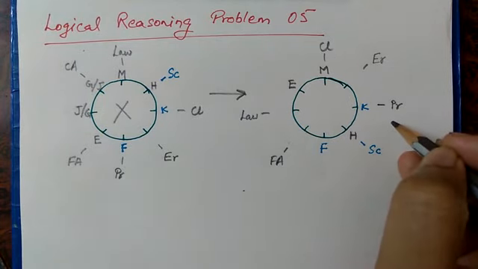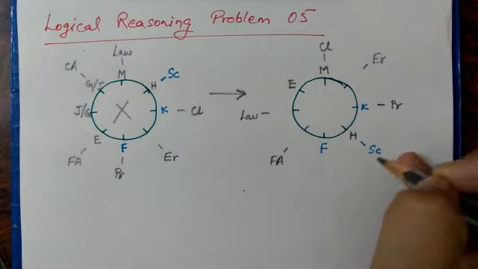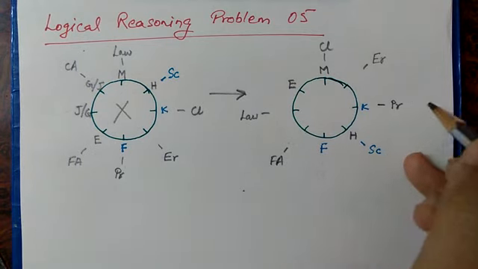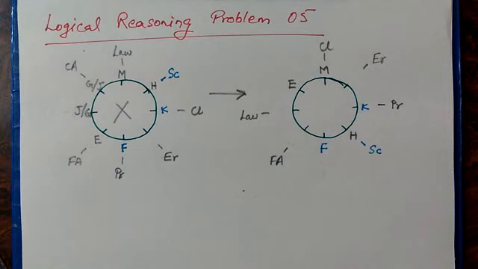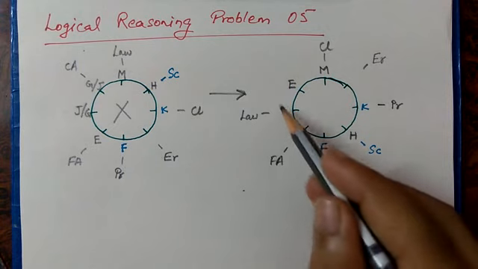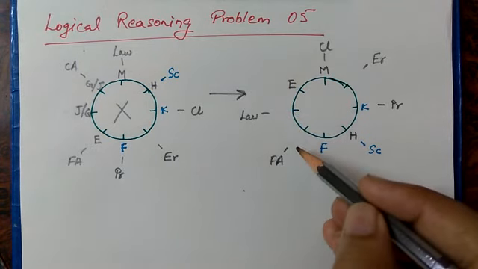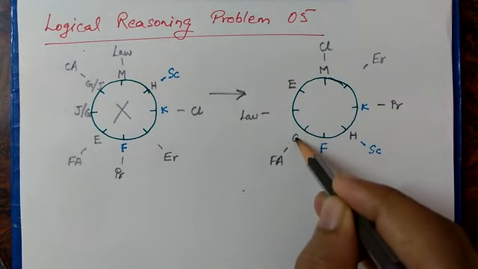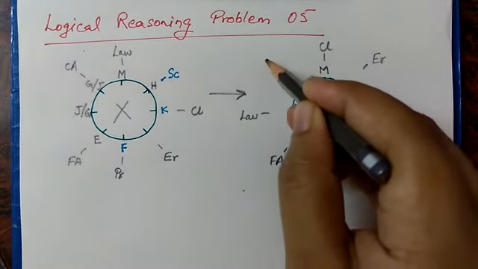G is second to the right of chartered accountant, so the only space left for, okay, let me check once again. G is second to the right of chartered accountant. Remember, we have to put G either here or here. To satisfy this last condition, we have to put G over here and chartered accountant over here.